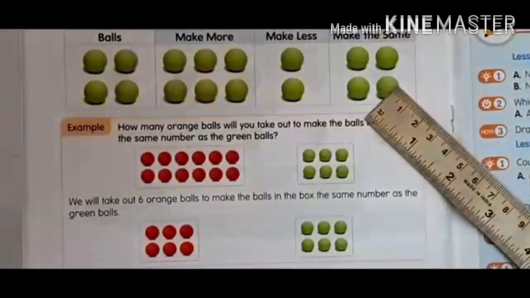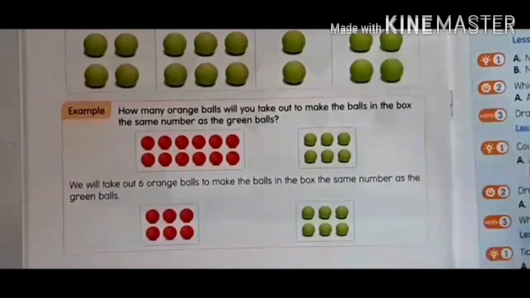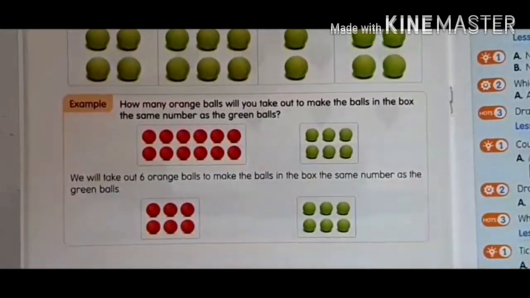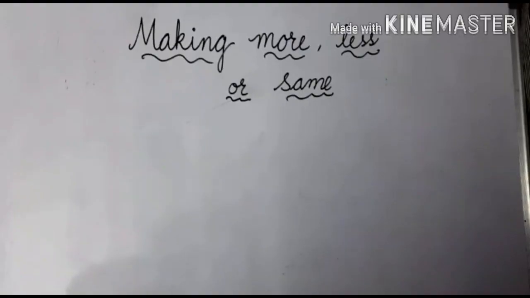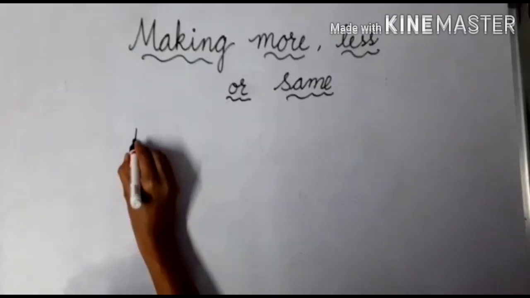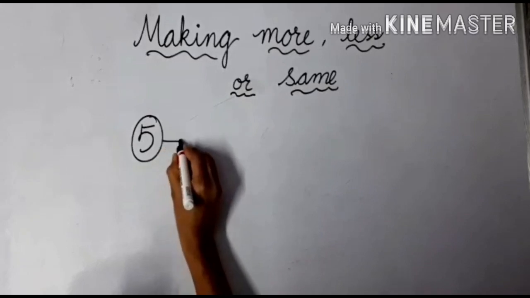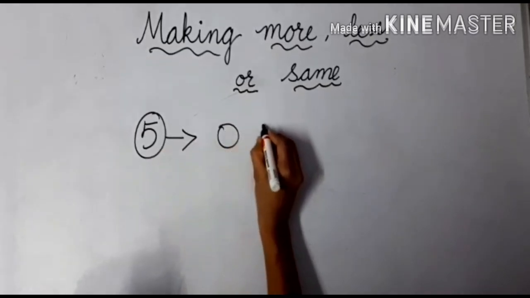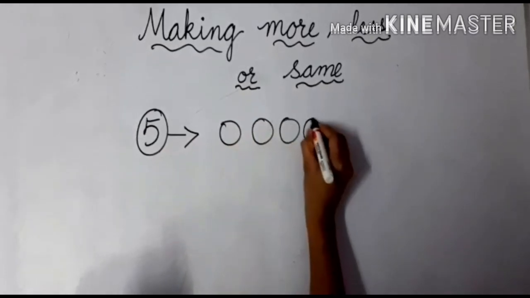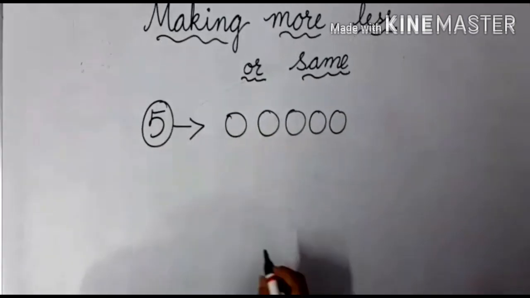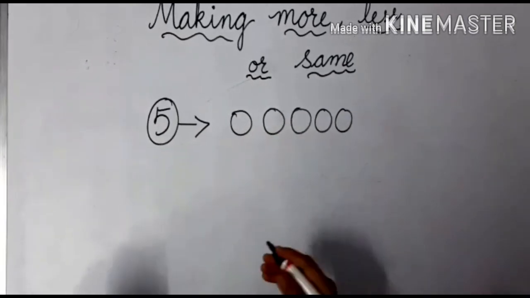Here it is given. Now I will show you how to make more, less or the same number on the board. Now let us do this one with number 5. First we have to draw 5 things. Any pictures you can take. So now I want to make more than 5.